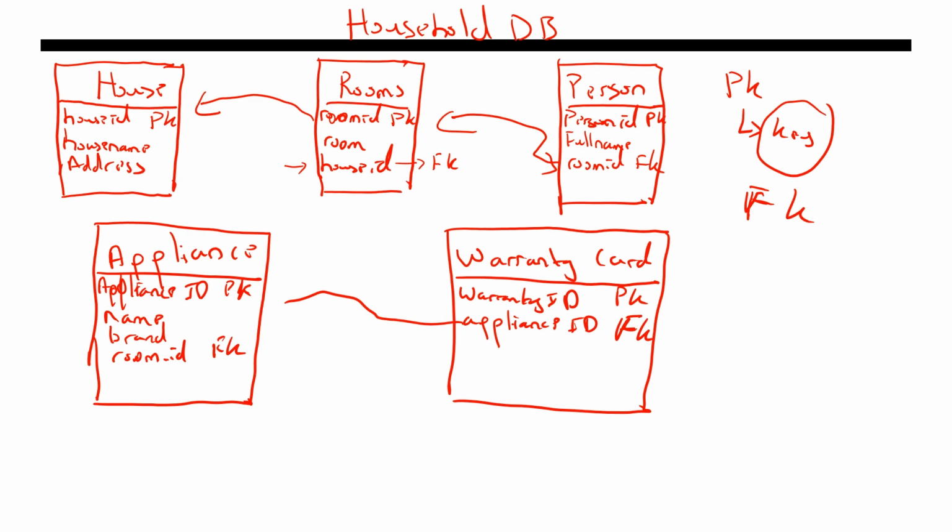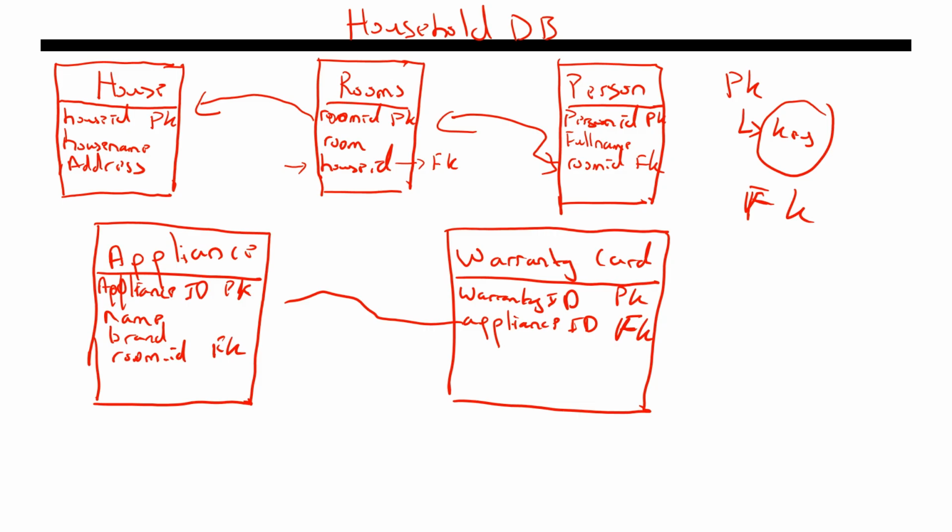The foreign keys are what brings that relational aspect into the database. Without these foreign keys, these become just flat tables without any connection. These foreign keys are what connects these different tables in our database.